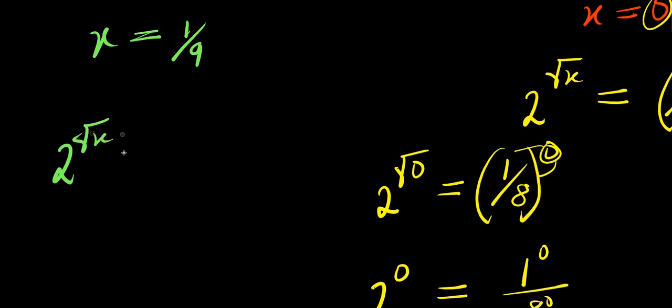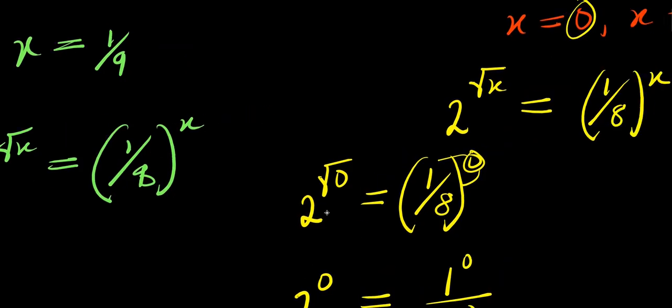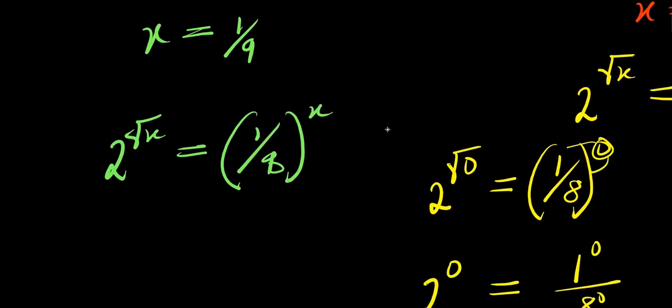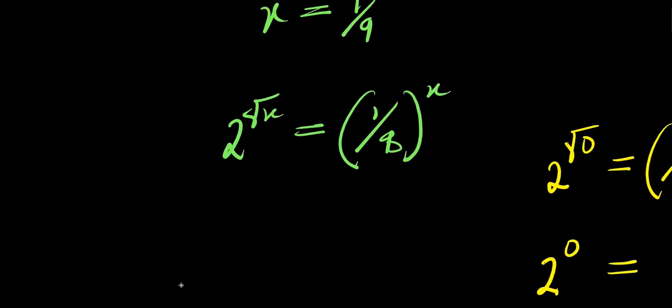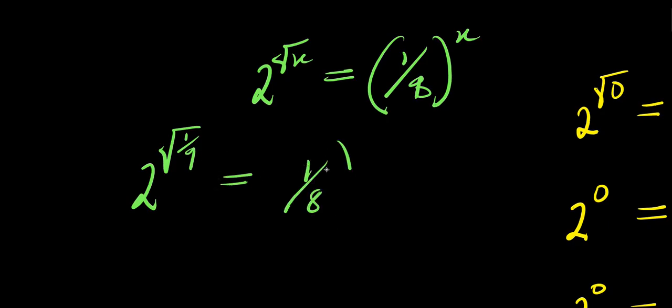2 power square root of x equals 1 over 8 to the power of x, where x is 1 over 9. So we have 2 power square root of 1 over 9 equals 1 over 8 raised to the power of 1 over 9.